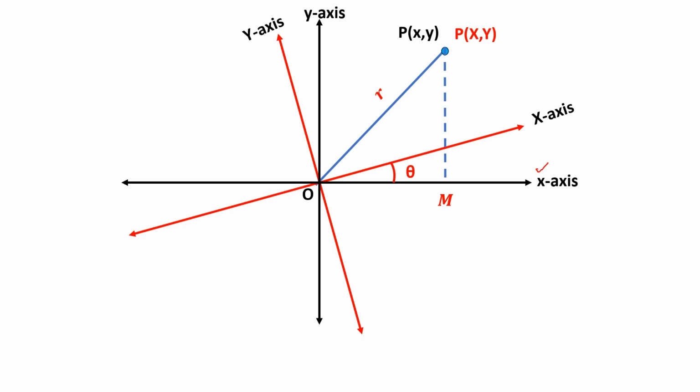The line OP makes an angle alpha with the small x-axis.